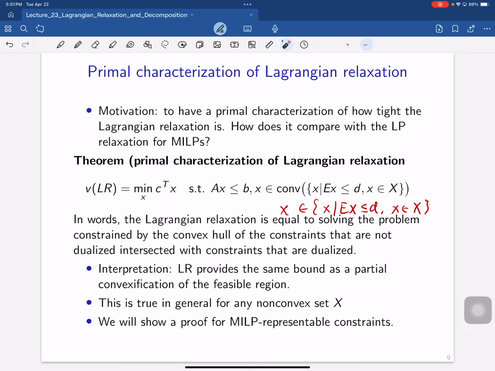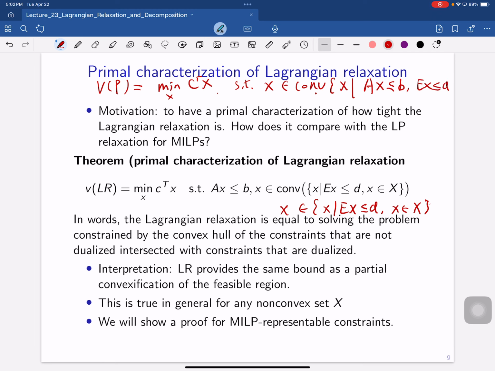Remember, we have a theorem saying that if you want to get VP, then you should minimize c transpose x, subject to x in the convex hull of all the primal constraints. This is something we showed in the previous lecture.